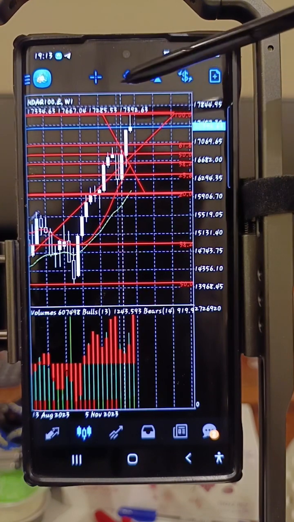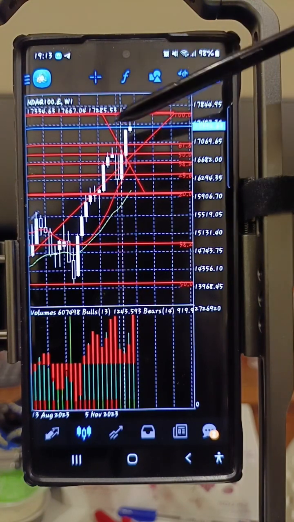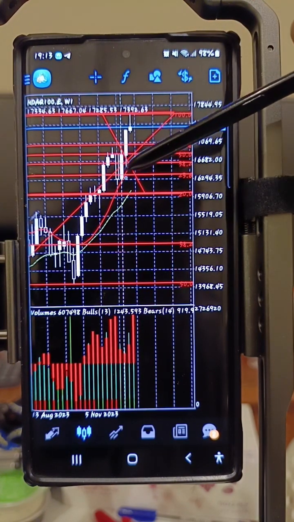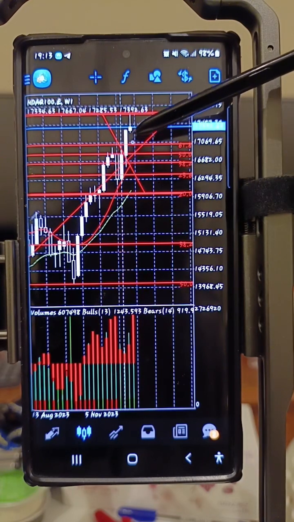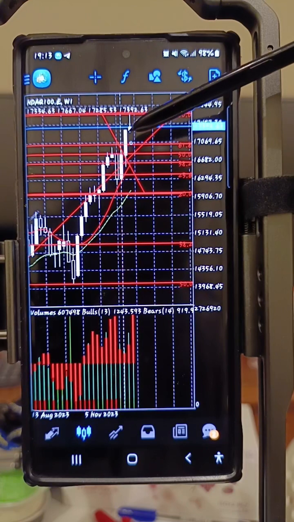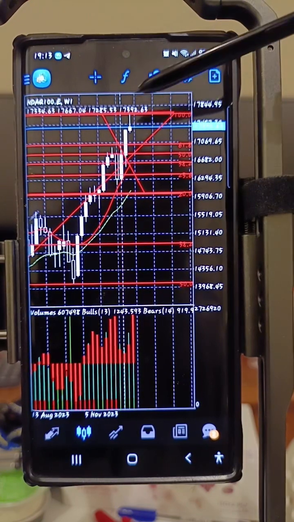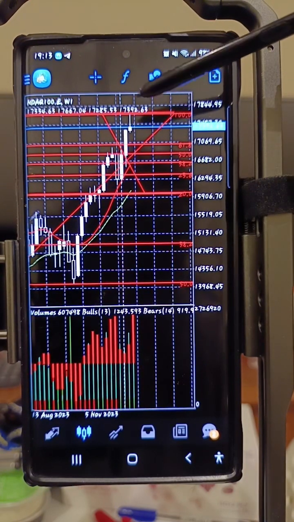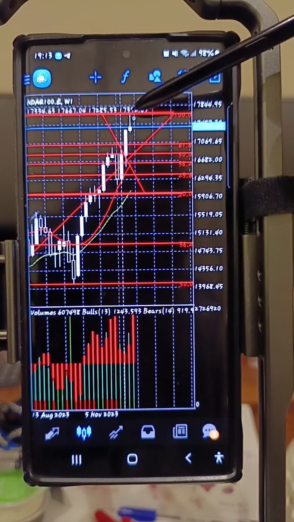So here we go. We're looking at Nasdaq 100. You can see that it has pulled. It's coming to a key point, end of month, start of the week, start of the month. And you can see clearly here it's pulling back.